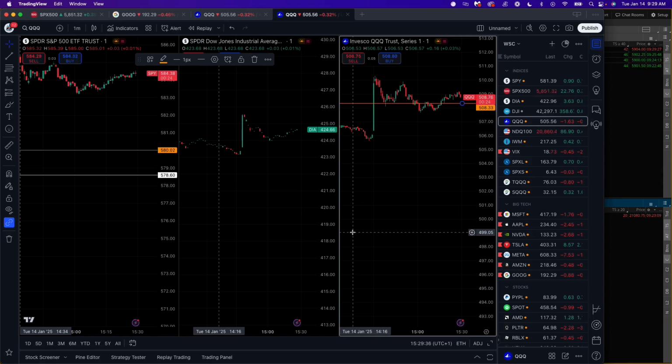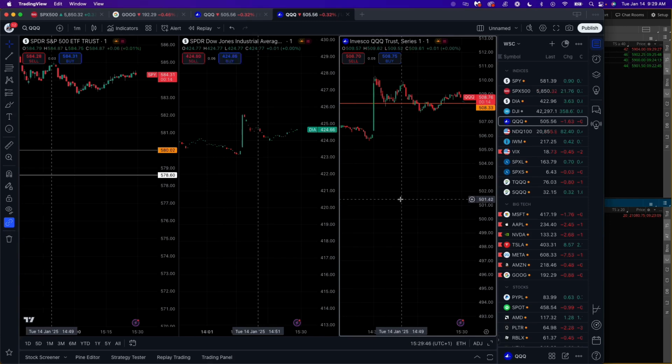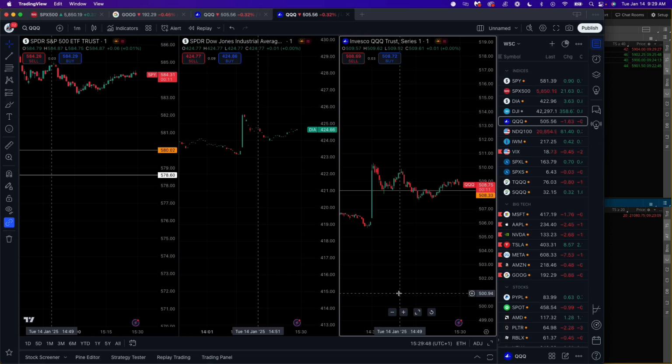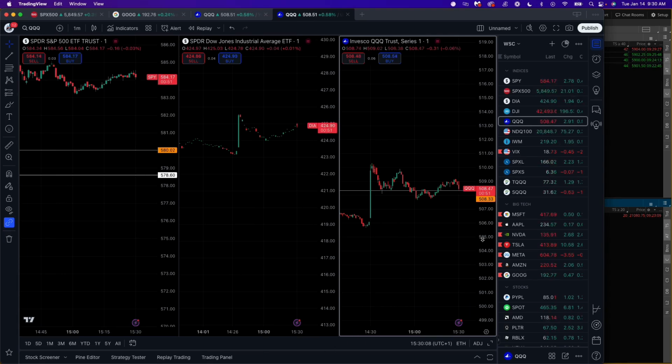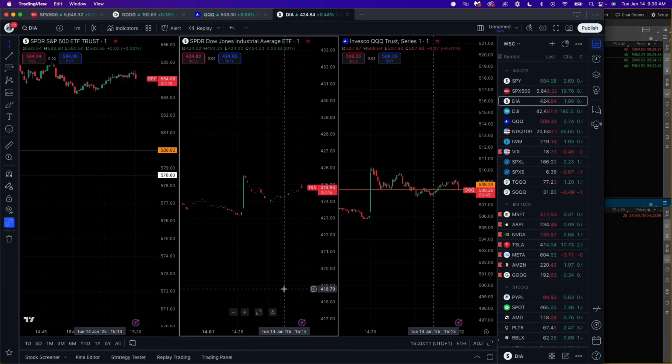Market is about to open. That is the level we're going to be checking here on the QQQ. One minute, it's lagging here, my cell phone. Okay, let's go. All right, perfect. So that would be the level we're going to be watching on the QQQ.